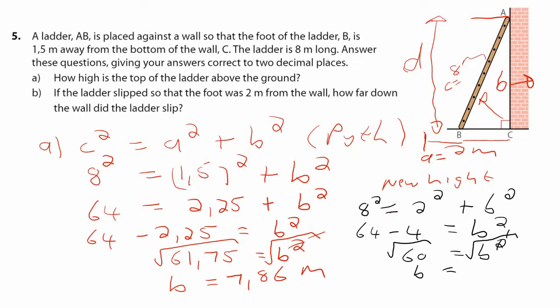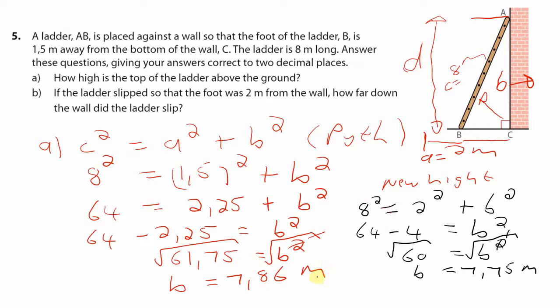If you use your calculator, square root of 60 is 7,74. Well, we need to round to 2 decimals. We have a 5 next to the 4, so the 4 becomes 1 more, so it's 7,75 meter.